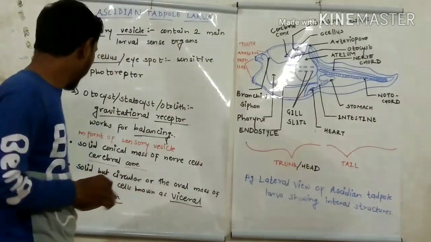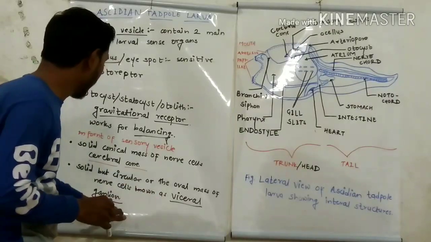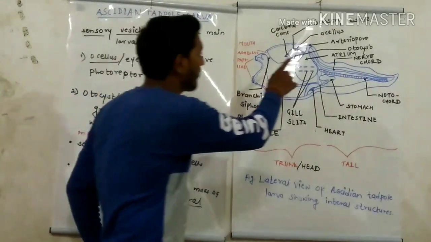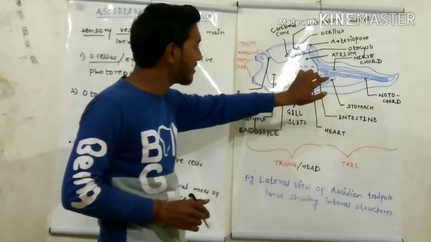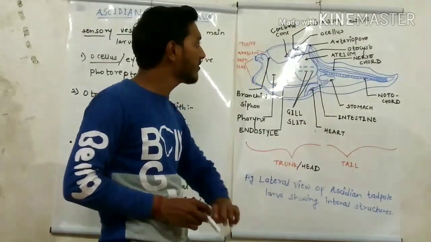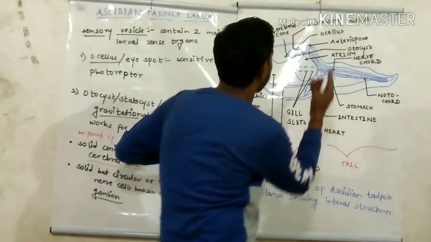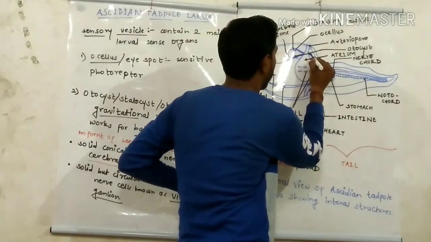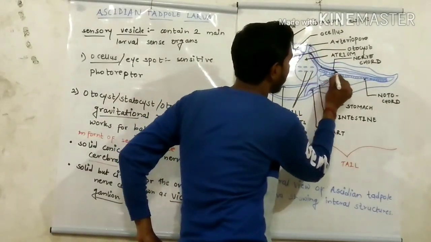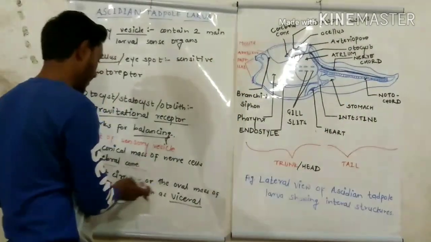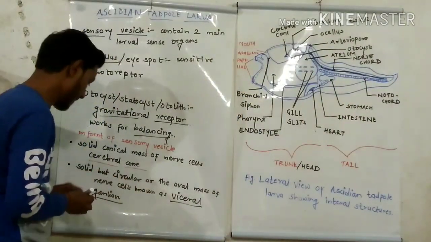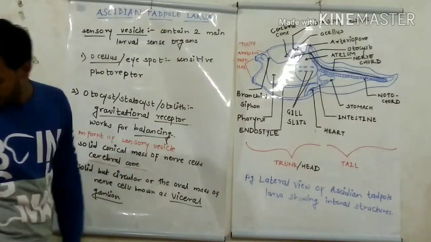Remember one point: from the visceral ganglion there is the posterior extension. From this visceral ganglion there is the posterior extension of the nerve cell known as the nerve cord. This is the nerve cord. This entire region is the posterior extension of this visceral ganglion and is known as nerve cord.